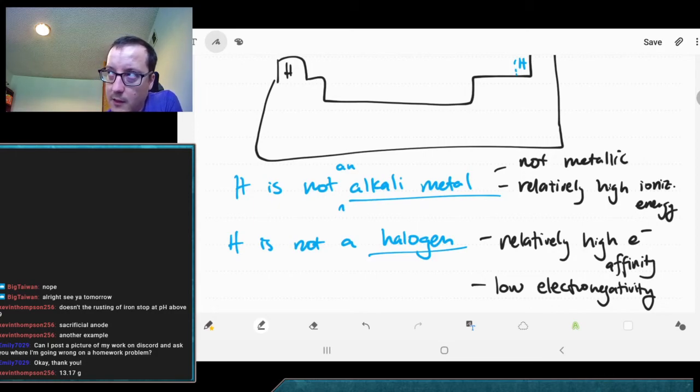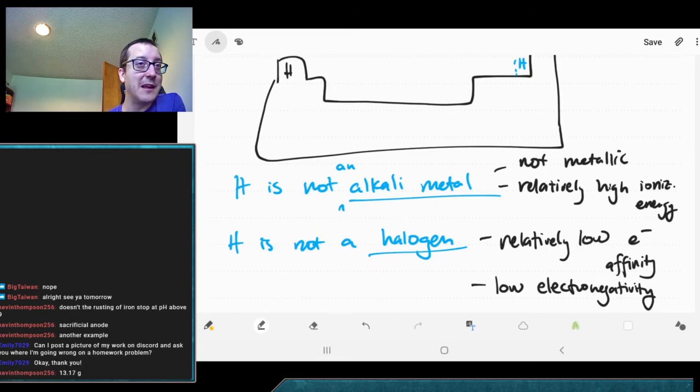So, I'm sorry, electron affinity we always put as negative, so I guess we should say it's a low electron affinity. I want to say high because in terms of negative, whatever, we'll just put it as low for now. And then it has a very low electronegativity comparatively speaking.